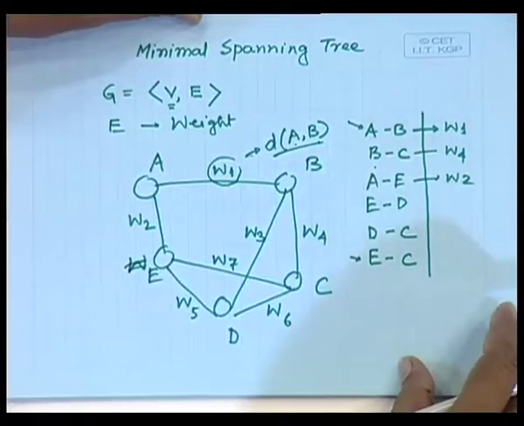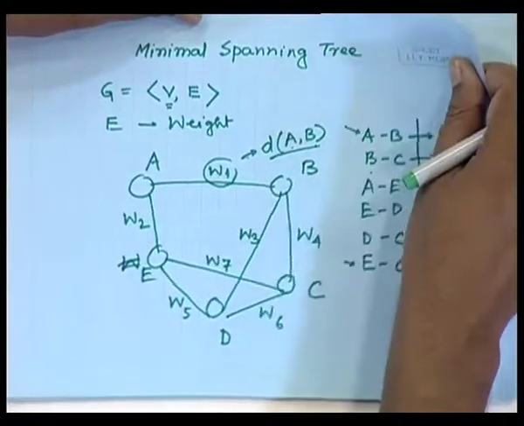So, I will again take an example to explain how this minimal spanning tree can be constructed from a given graph, and how it can be used for clustering purposes.